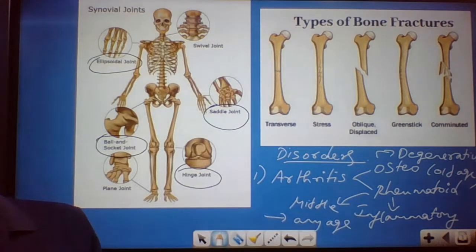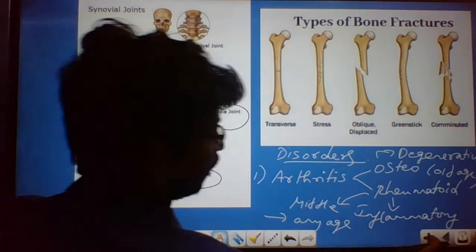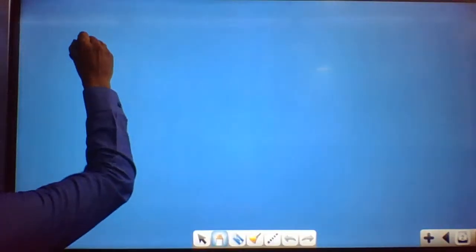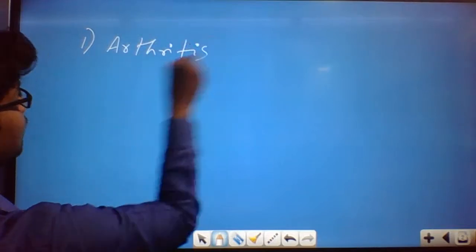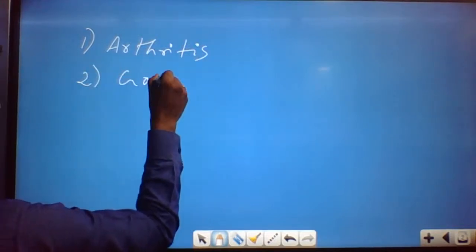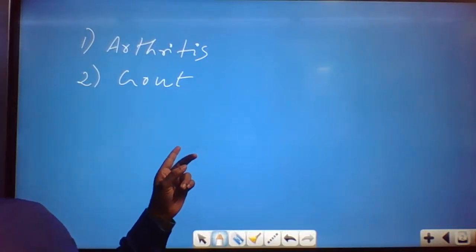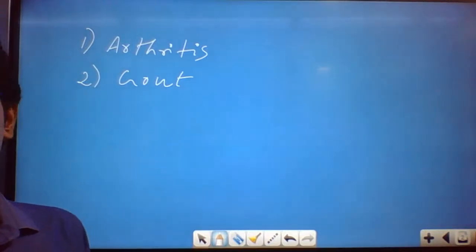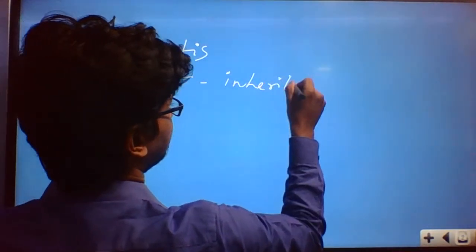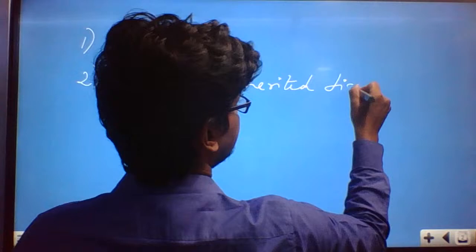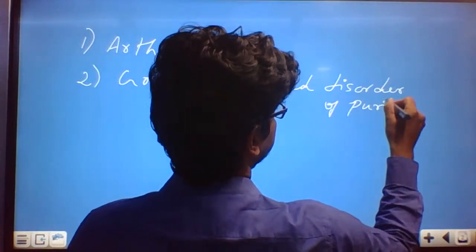Clear? So we move to the next part, which is gout. First we discussed arthritis, and the second one is gout. Often this question comes: what actually is gout? Gout is what we call an inherited disorder of purine. The nitrogenous base is purine, right?